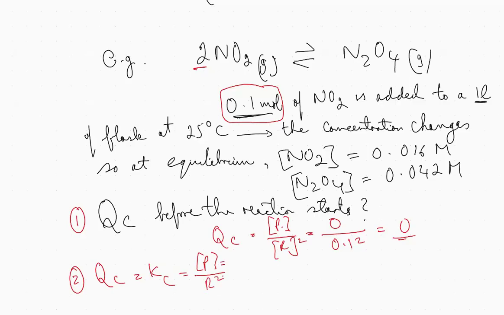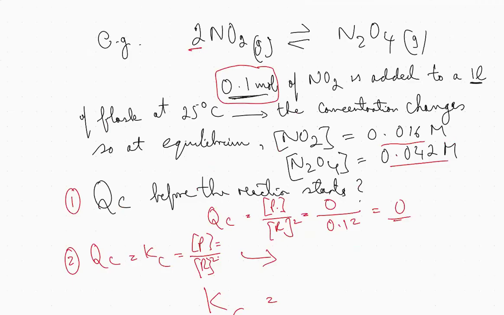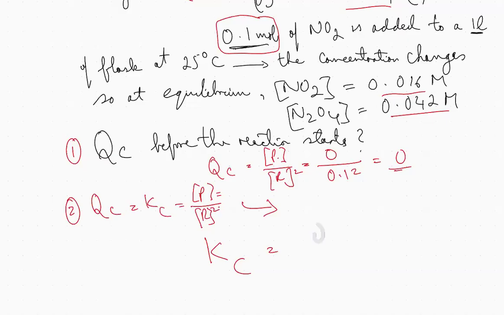So the Kc could be written as the concentration of N2O4 at the top, because that's the product, which is 0.042, and there's nothing to raise to the power because it's just the same.